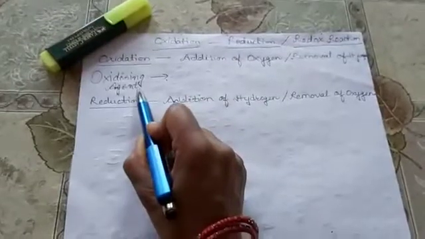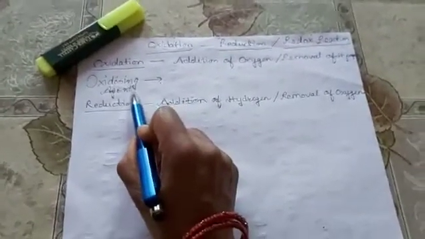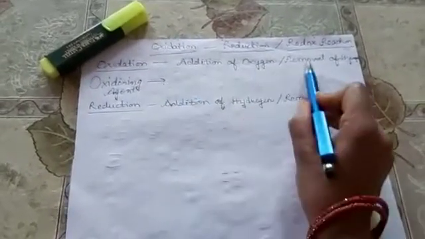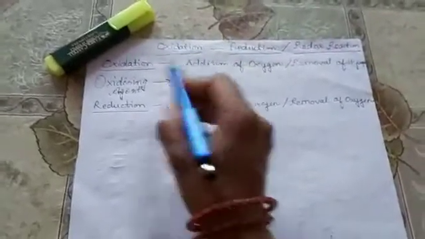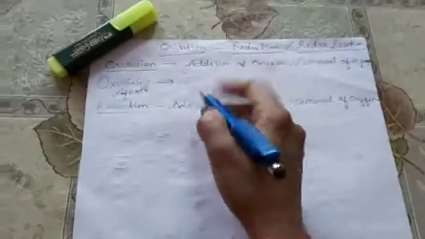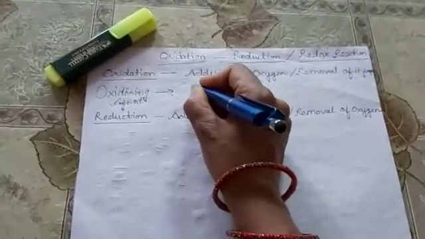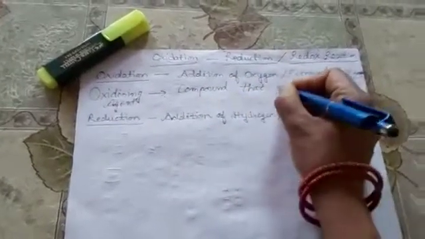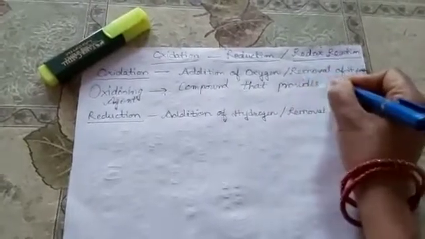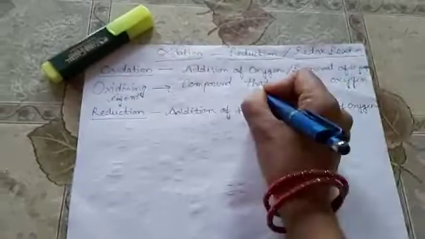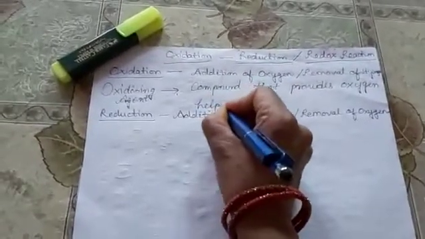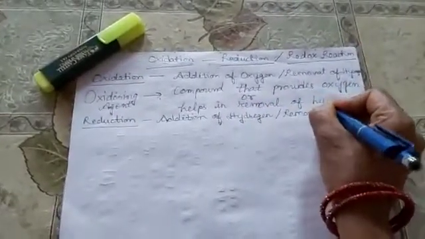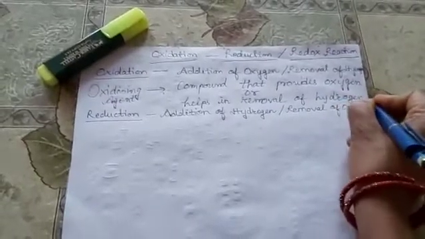Such a compound or reactant which helps in addition of oxygen to another reactant, or which helps in removal of hydrogen from that reactant, is considered an oxidizing agent.